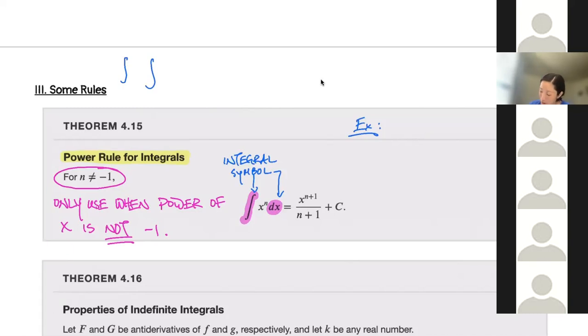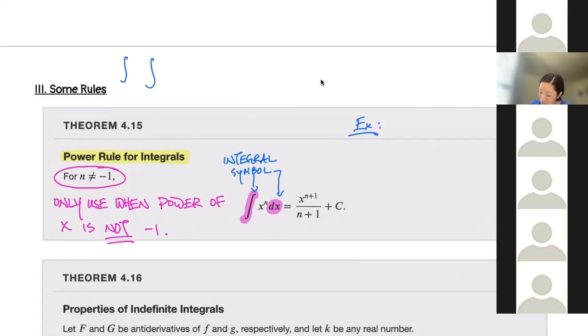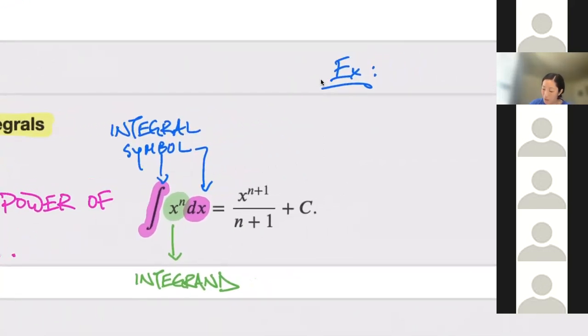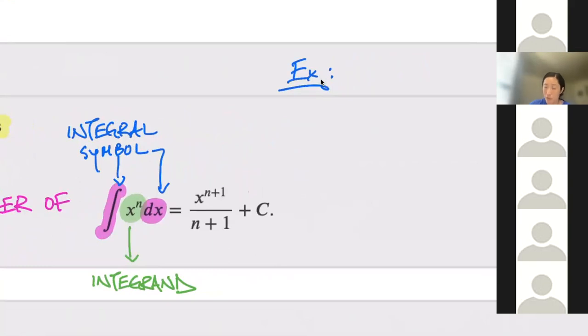But when we are looking at the middle part, which is the part that tells us what we're taking the integral of, in this question it's x to the n. We call that the integrand. So the thing that is having the integral taken of it is called the integrand. So a lot of new vocabulary, but let's practice the process here.